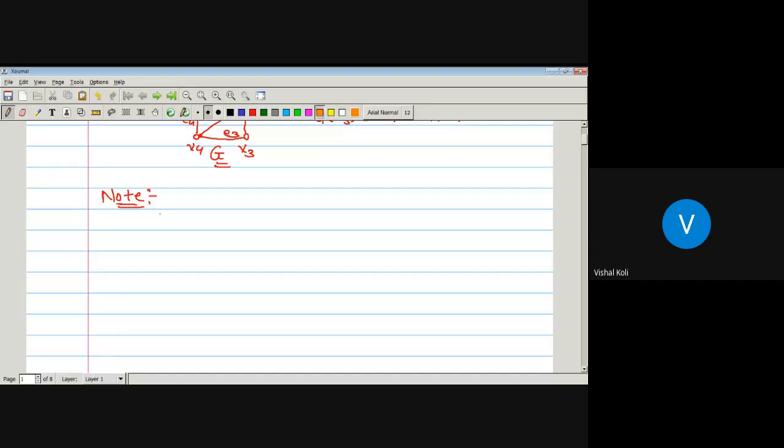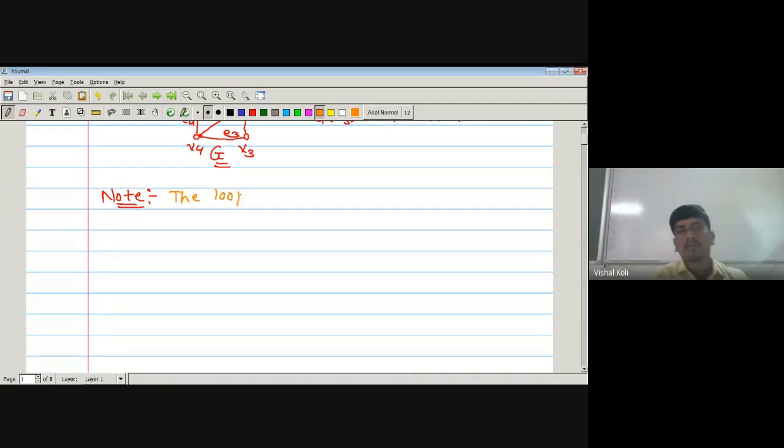Now there is one note: the loop of a vertex contributes 2 to the degree.